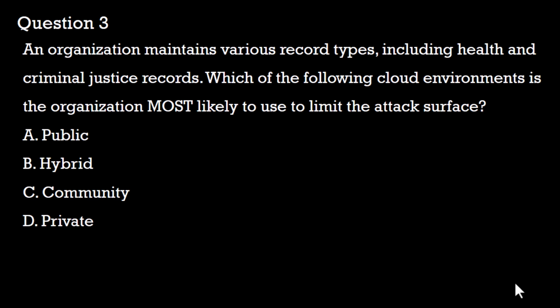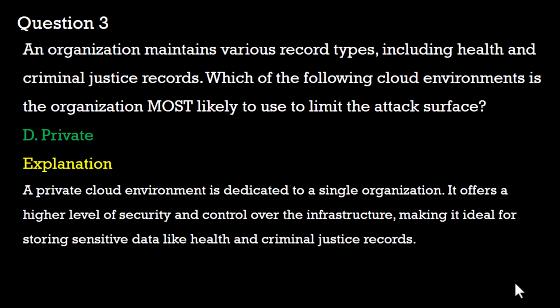Now, while it is more secure than a public cloud, it is not as controlled and isolated as a private cloud. A private cloud environment is dedicated to a single organization and it offers a higher level of security and control over the infrastructure. And this makes it ideal for storing sensitive data like health and criminal justice records. So, in this case, the cloud environment the organization is most likely to use will be option D, the private cloud.